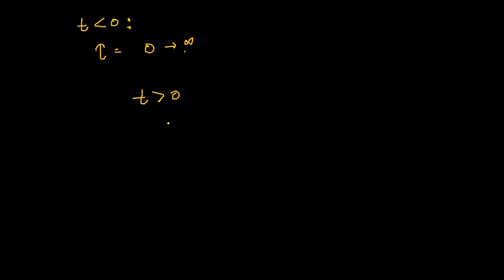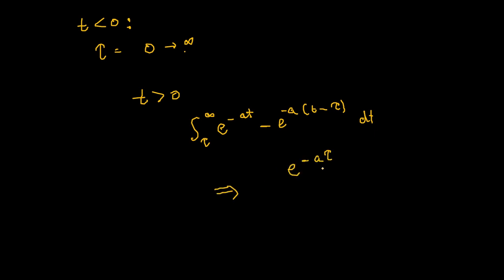So for t greater than 0, we'll integrate from tau to infinity, and we have e to the power minus at minus e to the power minus a t minus tau, and this is dt. Upon integrating this, I actually get e to the power minus a tau divided by 2a, and this is for t greater than or equal to 0. I'm sorry for the confusion.